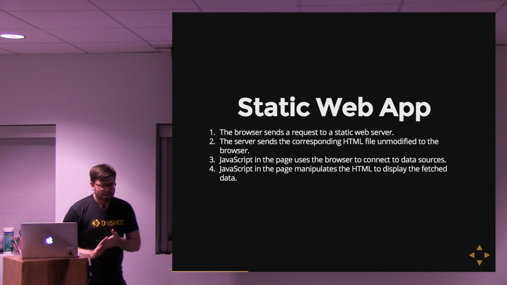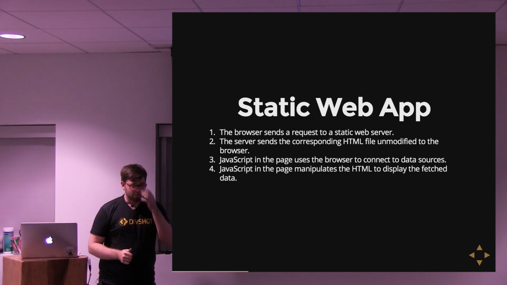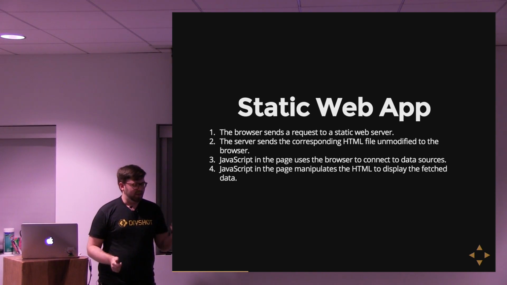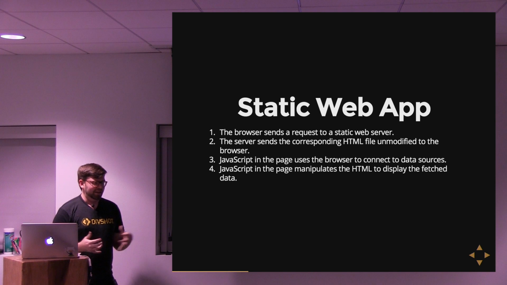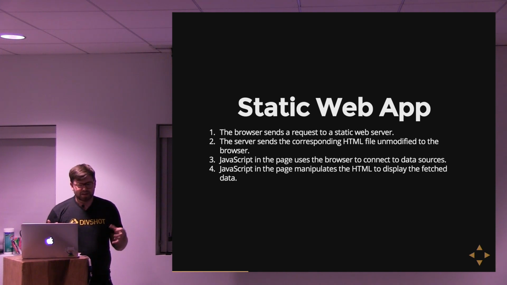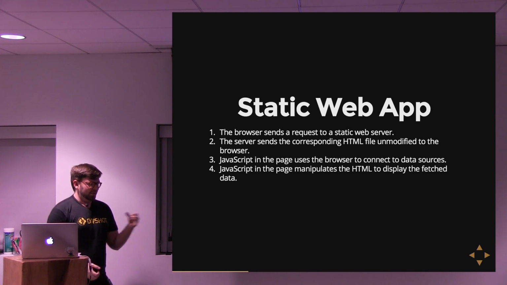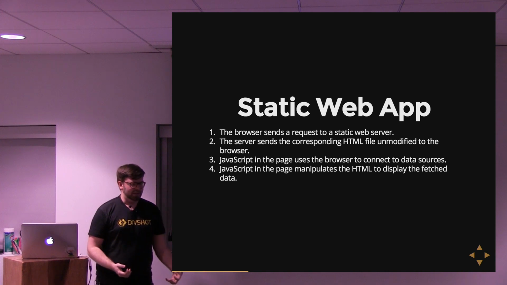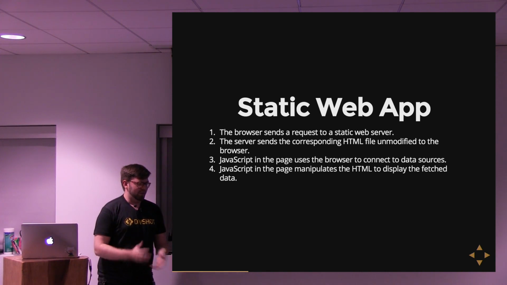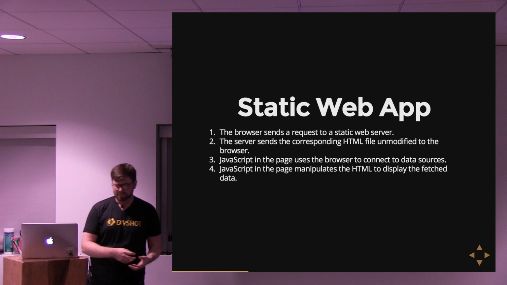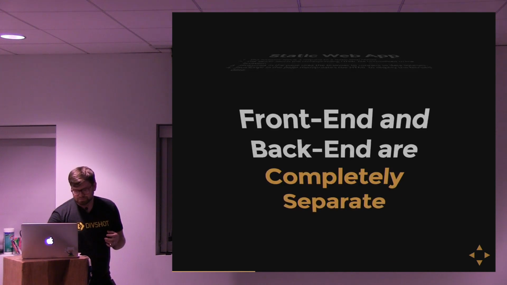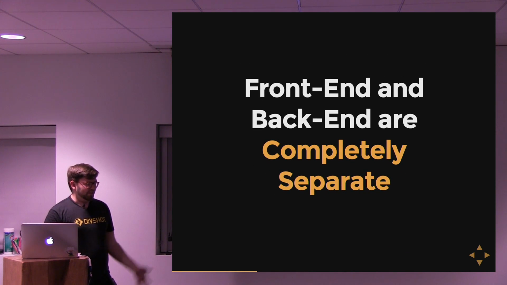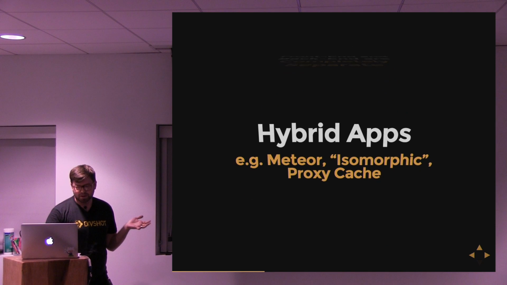That could be anything from a custom API that you've written to Firebase, Elasticsearch, CouchDB, any number of things. And it changes and manipulates the HTML of the page to represent the data once the JavaScript has received that information. So again, front end and back end, completely separate.